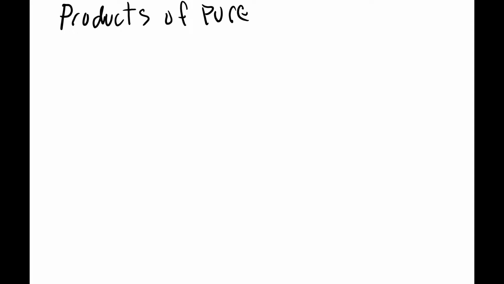Now, anytime we see the term product in math, we know we're talking about multiplication. And so what we're going to be asked to do, we're going to take a pure imaginary number, which is in the form of bi. We have this imaginary number i that has a coefficient with it that's a real number.